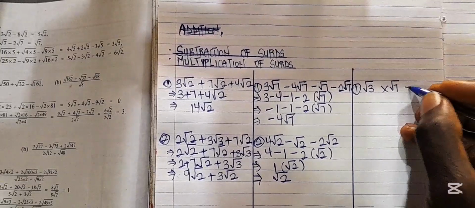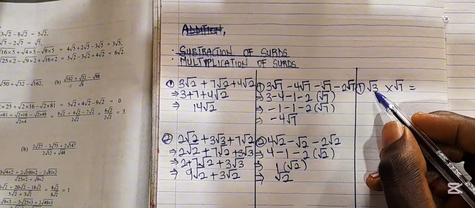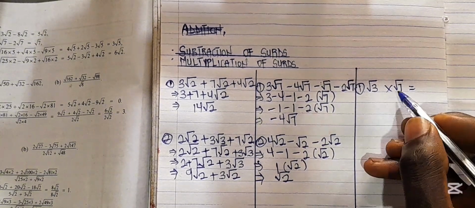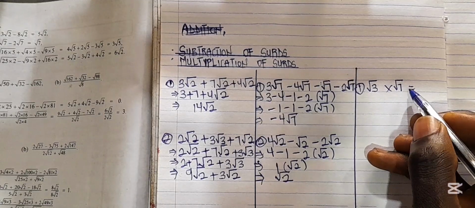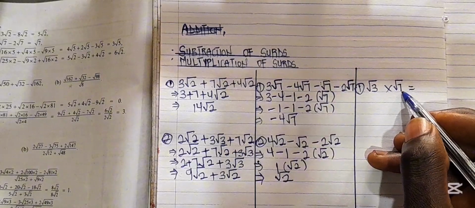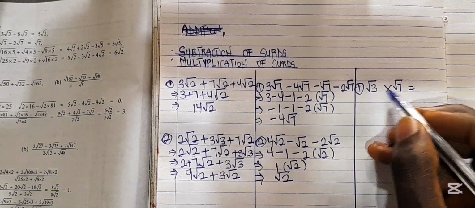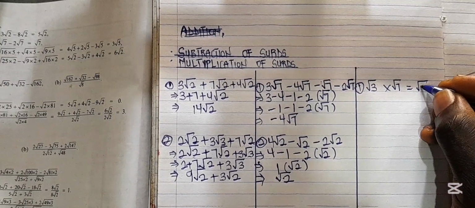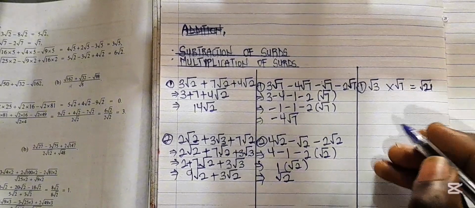Now remember, for the addition and the subtraction, I told you that if the numbers inside the root signs are not the same, you can't add them. But that's different from multiplication. For multiplication, whether the numbers are the same or not, you can multiply them. So in this case, 3 times 7, you get root 21 here. So this becomes our final answer.